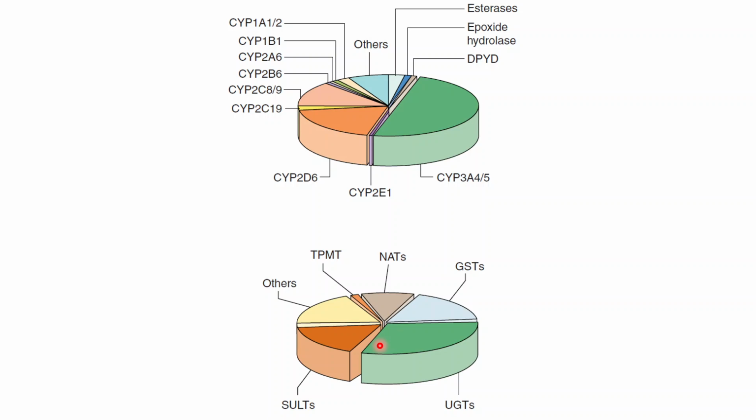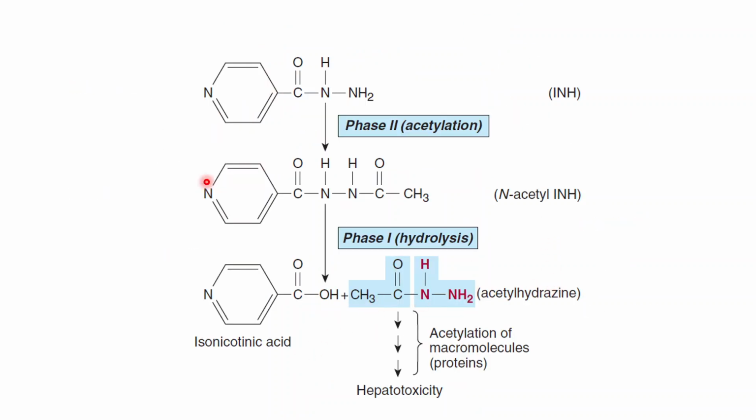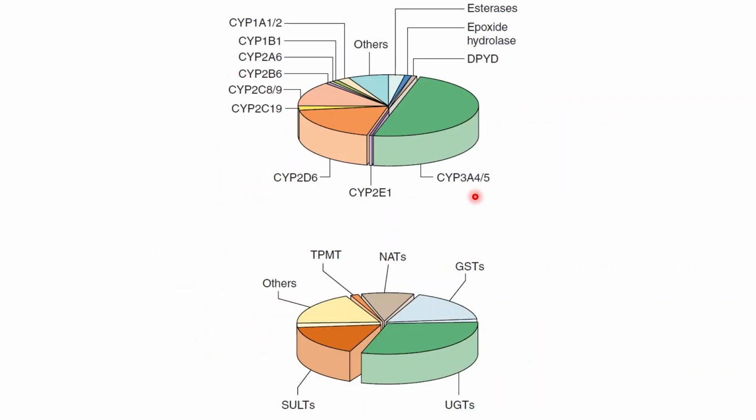like sulfotransferases and the glutathione transferases and acetyltransferases, and for example we already talked about the acetyltransferases for isoniazid, and also many other transferases that will lead to the conjugation.